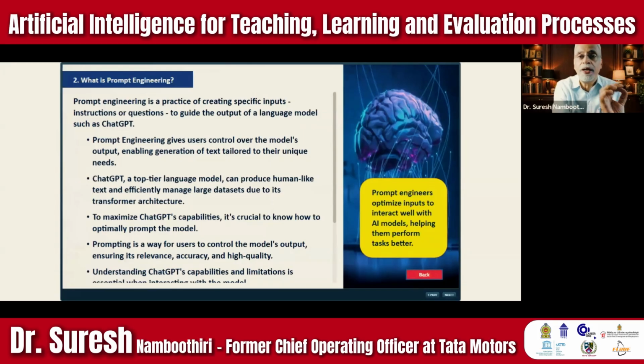Engineering involves psychology, politics, economics, relationships, geography, and technology. Engineering is not just technology. Therefore, prompt engineering means how skillfully you manage things so that you get the right output from a large language model. That is prompt engineering.